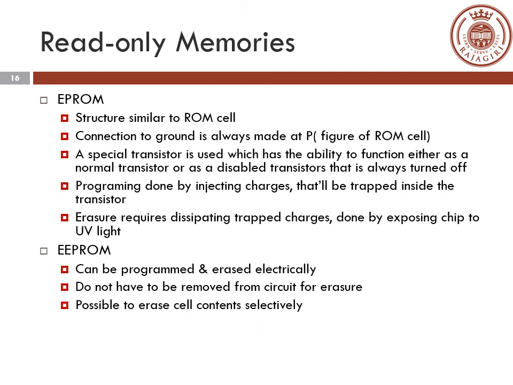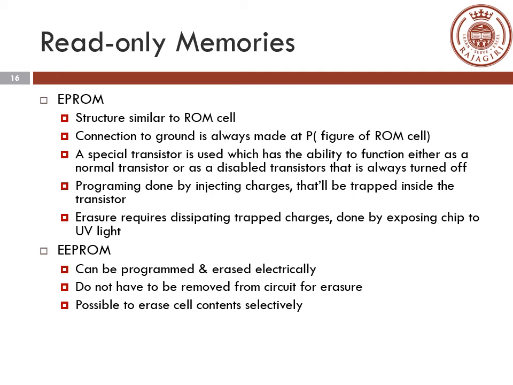Now the structure of the EPROM cell is similar to the ROM cell. As I explained, we have a special transistor over there, which has the ability to function either as a normal transistor or as a disabled transistor that is always turned off.